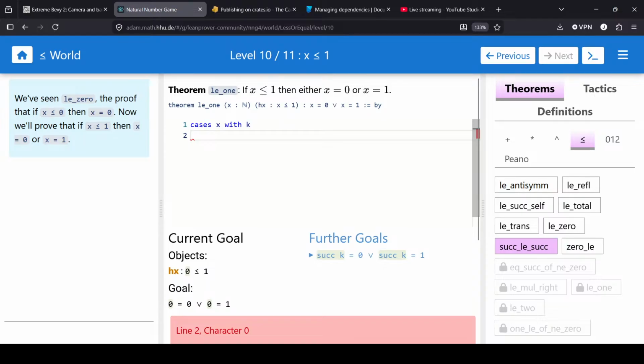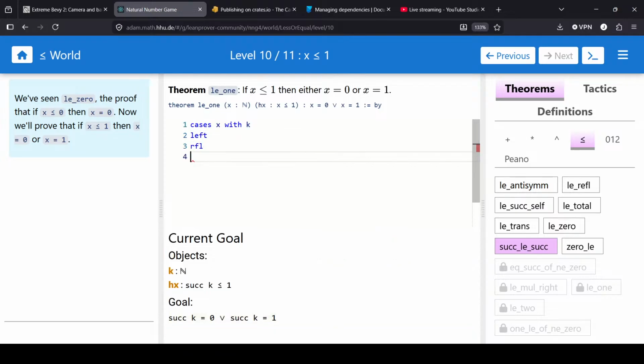Okay. Now that makes a lot of sense. That's kind of silly. So I left, I refl. Now we have this, and this is way simpler. Everybody's happy. Or at least I think everybody's happy.